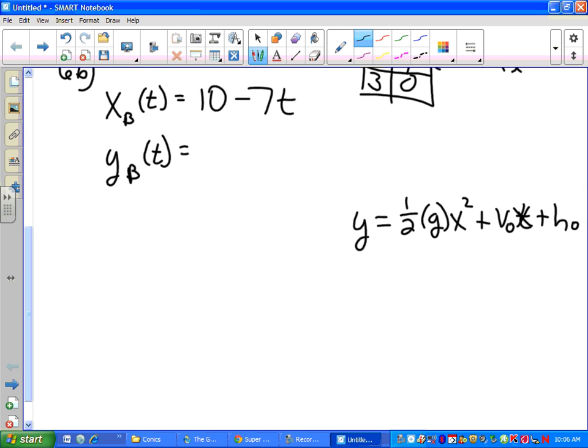And then initial height. Here's some things we know. It told us the initial height was 12, so we're going to put a 12 here. And velocity, what did it say about the velocity? It drops the bomb with a vertical speed of -3 feet per second. So that's your velocity. It's going down 3 feet per second. Now, let's talk about gravity.